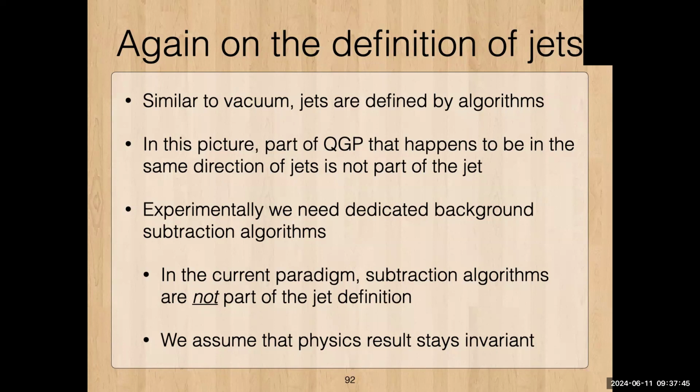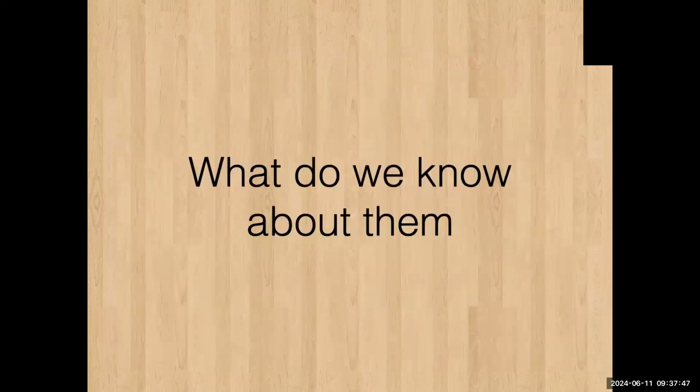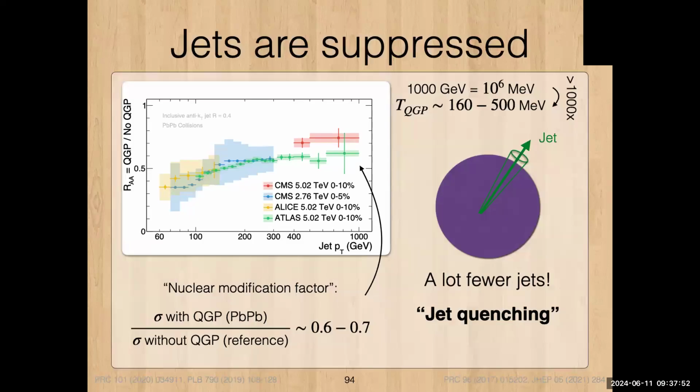Great. So now what do we know about them? What do they look like? The first thing we know is that jets are suppressed after going through quark-gluon plasma. We can measure the cross-section in heavy ion collisions, and then measure the cross-section in reference collisions, typically proton-proton, and see how much the cross-section changes. What we see is that, unlike the lepton or photon case, there's a strong suppression.